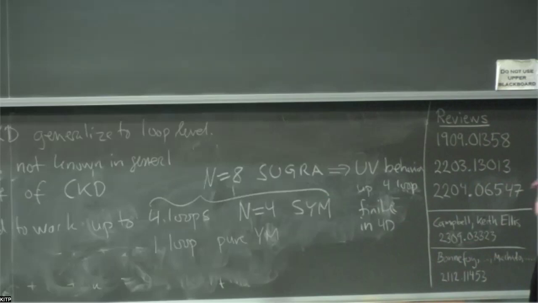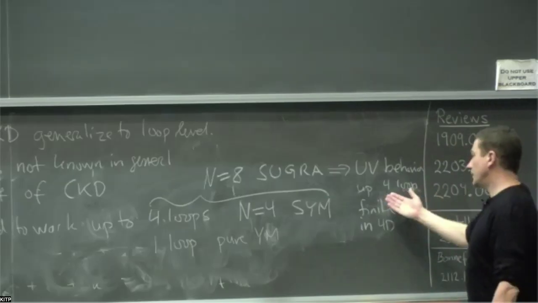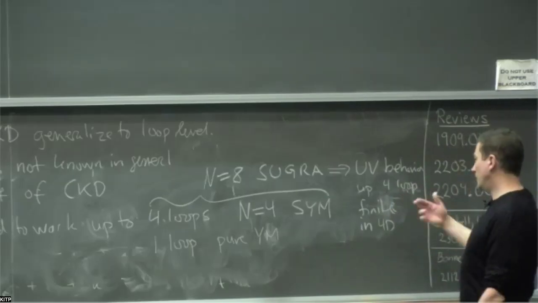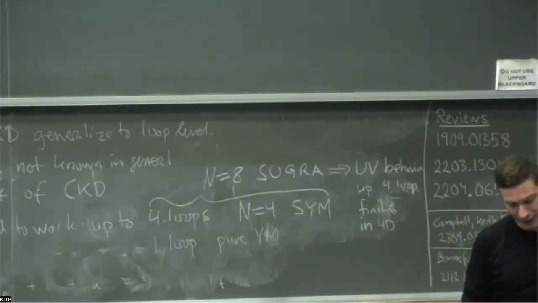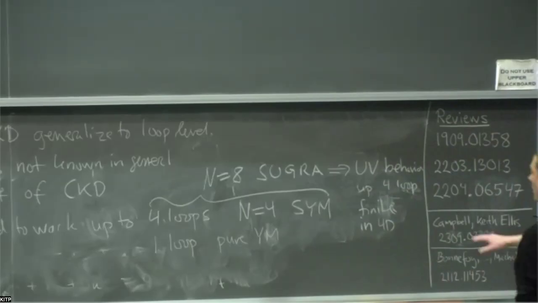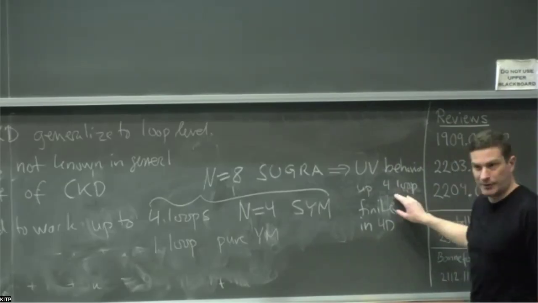And of course, the question is, does this continue to all loops? We are pretty confident. I would say there are even proofs that at 5 loops there's a calculation where it's also finite, and even 6 loops is known to be finite. 7 loops is not known, so that's the big question.